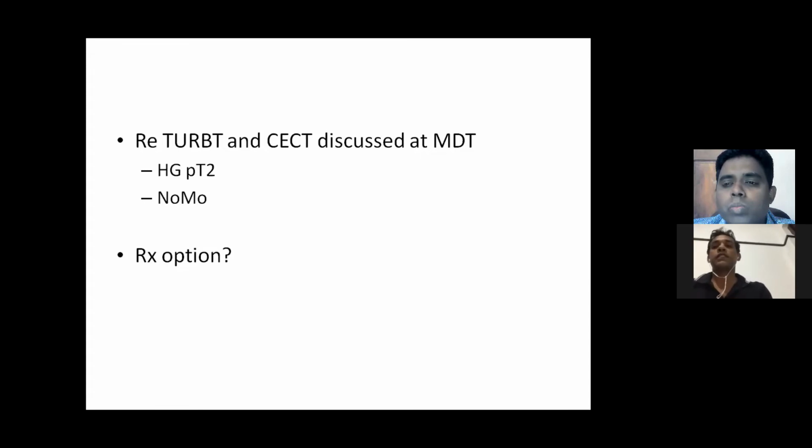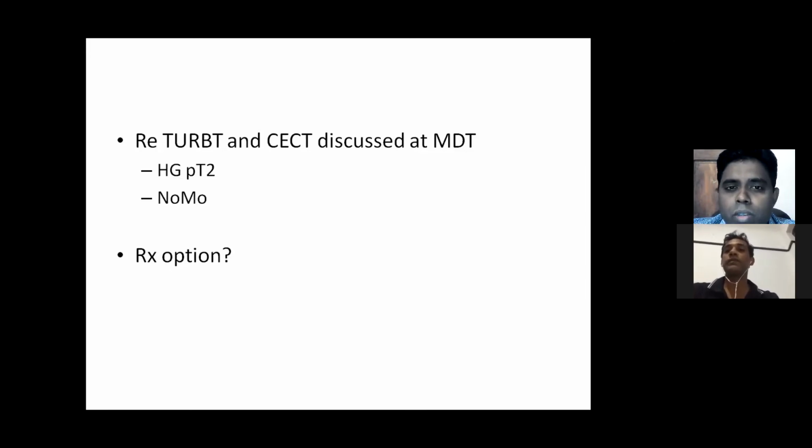Because he's 63, a relatively young patient, when I assess him, I will look at the performance status as well, like the Karnofsky performance status, to see the fitness for the big surgery, and then I prefer radical surgery if he is fit for the cystectomy and urinary diversion, because of having hydronephrosis as well as the high-grade pT2 disease.